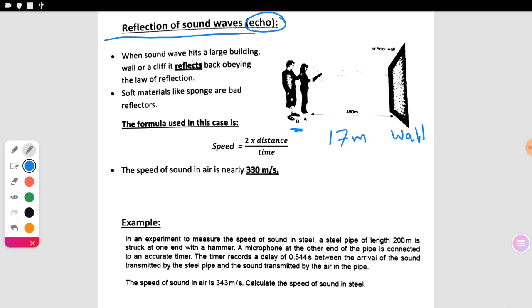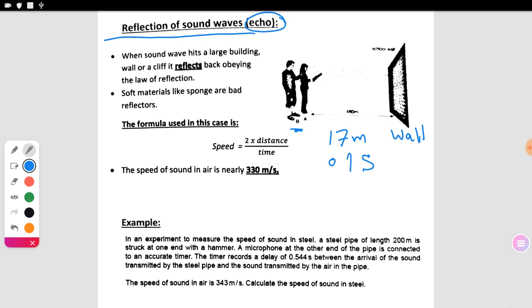And the time taken between the source and its echo must be at least 0.1 second to hear the echo. If the time is less than 0.1, we cannot distinguish the difference between the source and the echo.